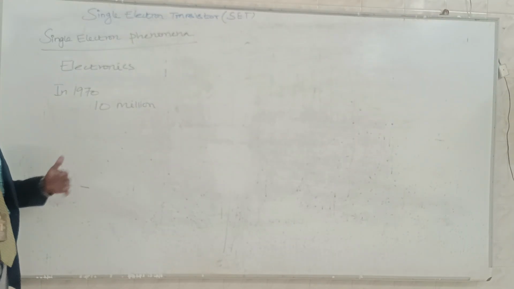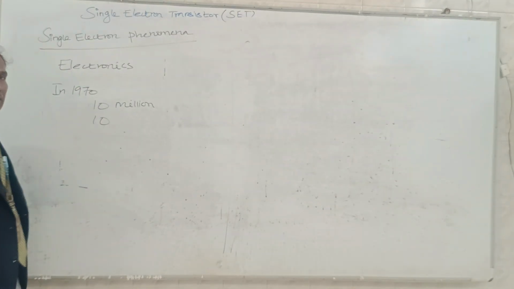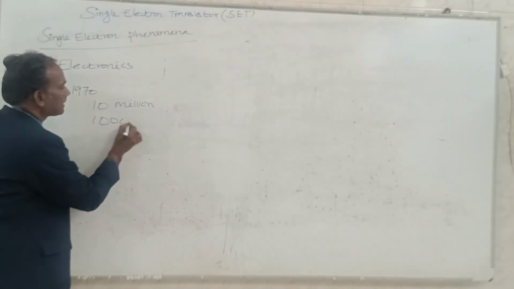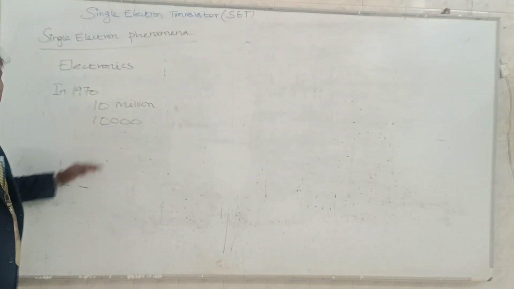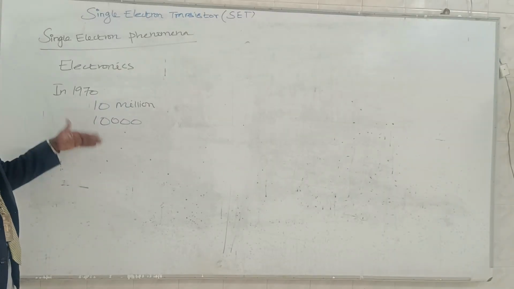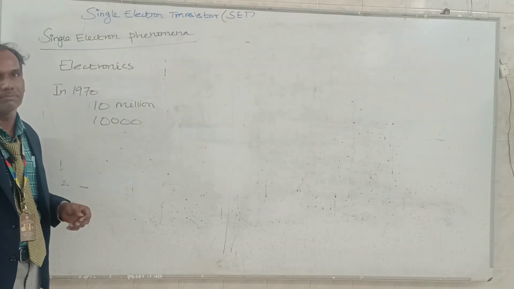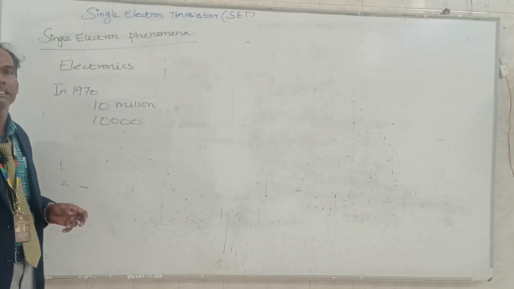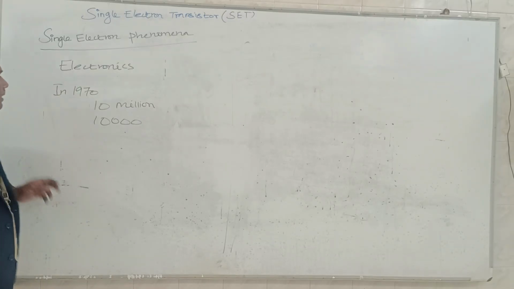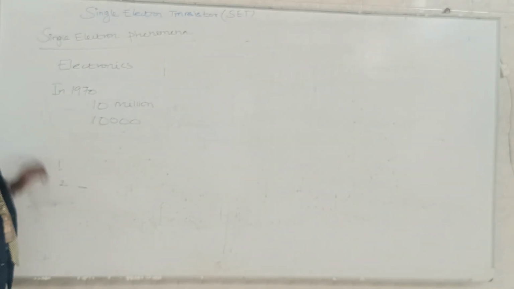Very recently, we needed 10,000 electrons for operating a transistor. But nowadays, a single electron or single atom is sufficient to operate a transistor. That's why it is called a single electron transistor.